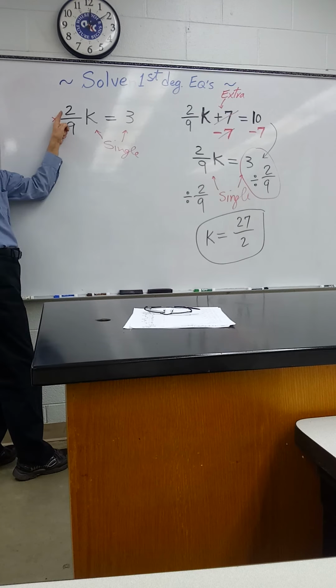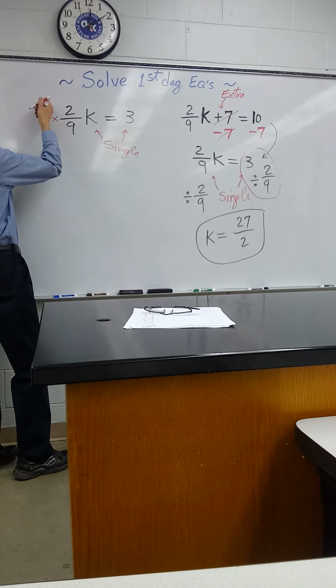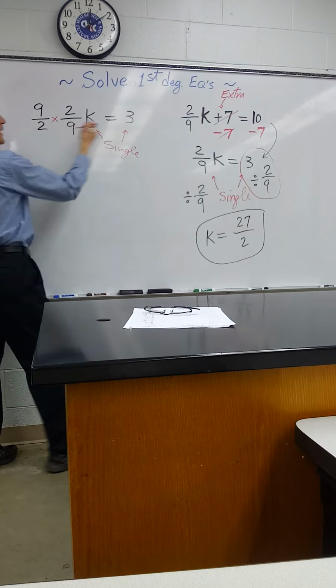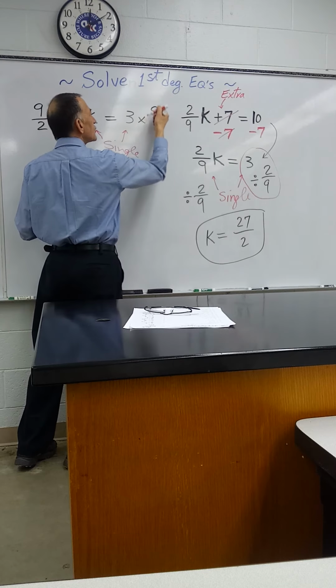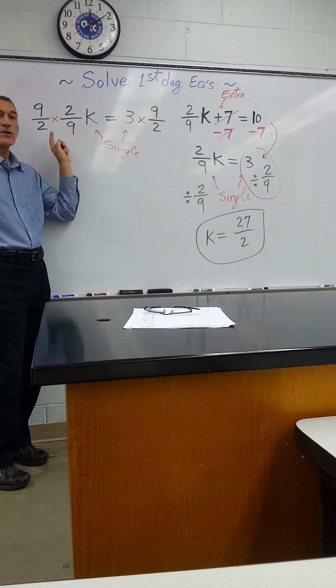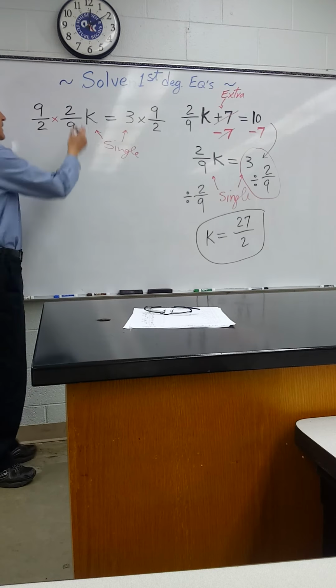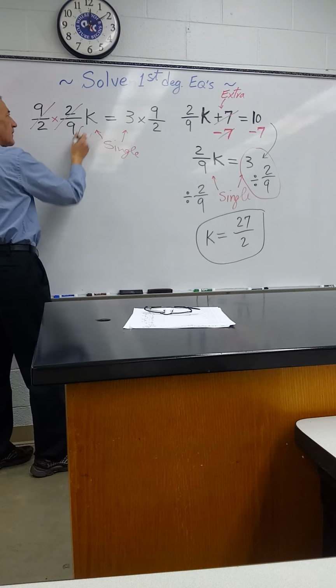What's the reciprocal of 2/9? The reciprocal is upside down, so it's 9/2, and you multiply both sides by 9/2. If you multiply a fraction by its reciprocal, it gives you 1. 1 times k comes out alone by itself. Boom, this is gone, and k comes out alone.